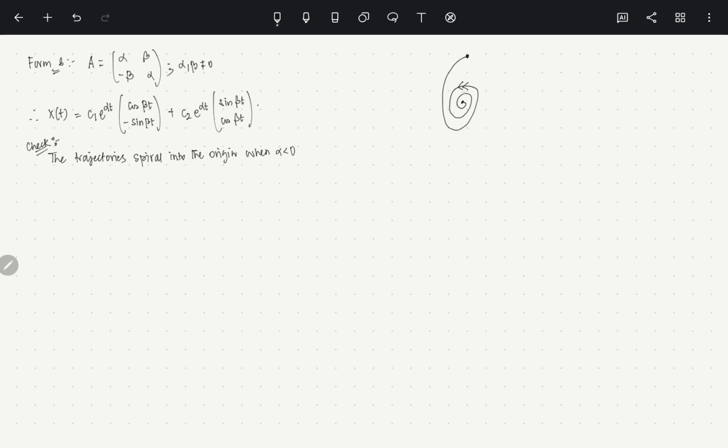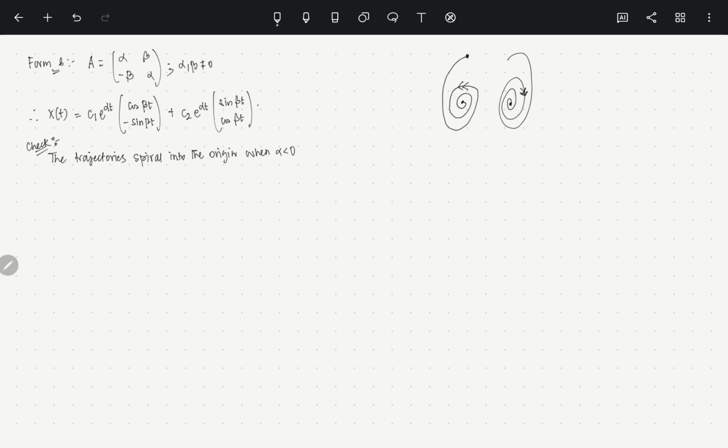Now, going towards the origin, there are two cases. It can go in a clockwise direction, or it can go in a counterclockwise direction, towards the origin. Since alpha is negative, and t is going towards minus infinity, e power alpha t goes towards infinity.